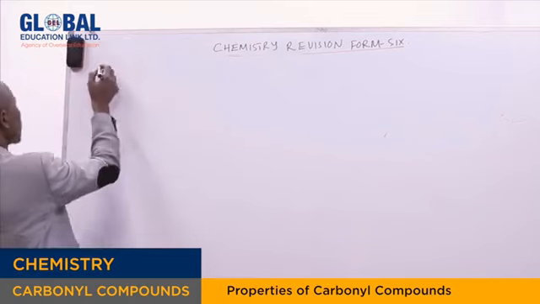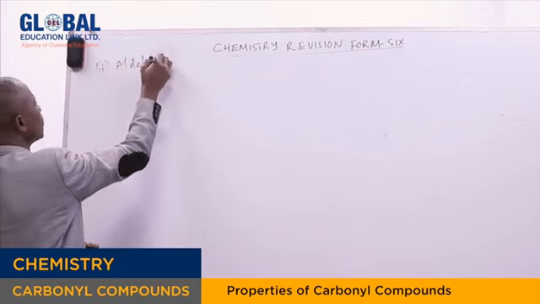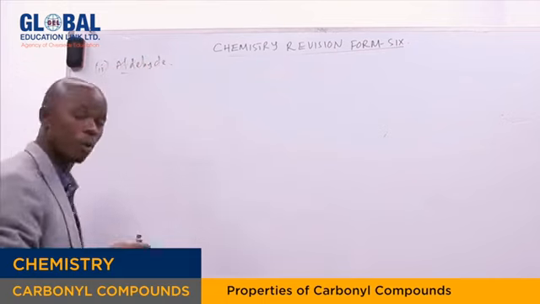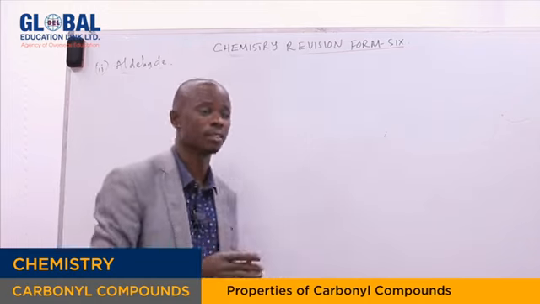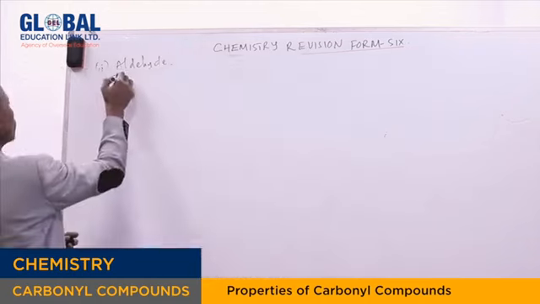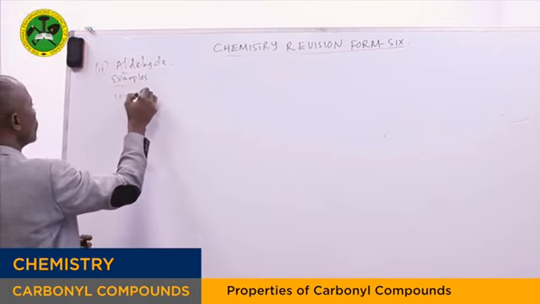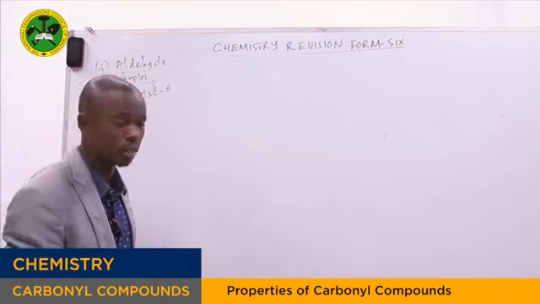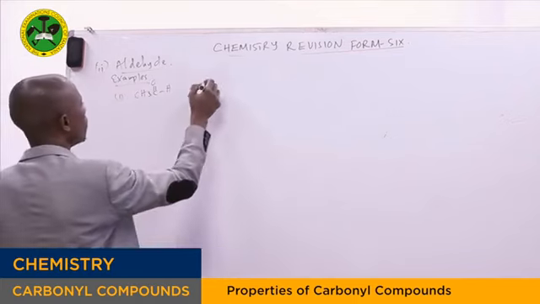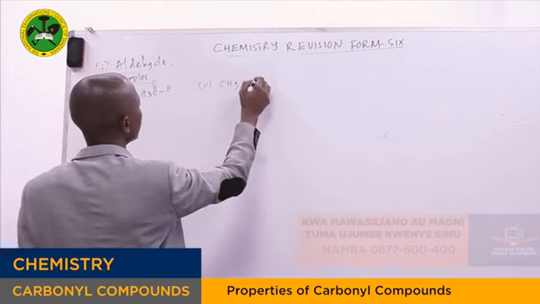Now coming to the second class. The second class is aldehyde. I'm also going to give you some examples so that you can define it. Number 1, we have this one. This is example 1. Number 2, we have this one.